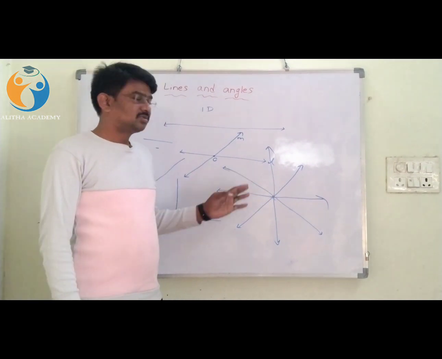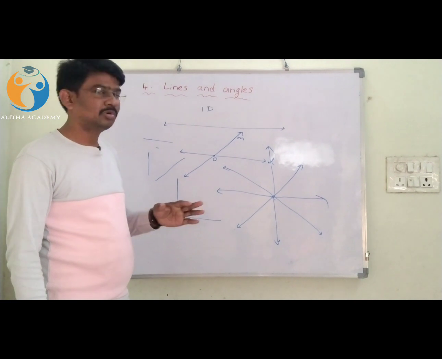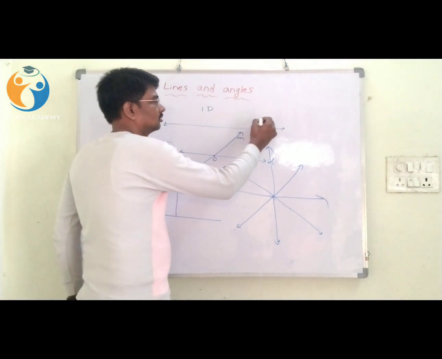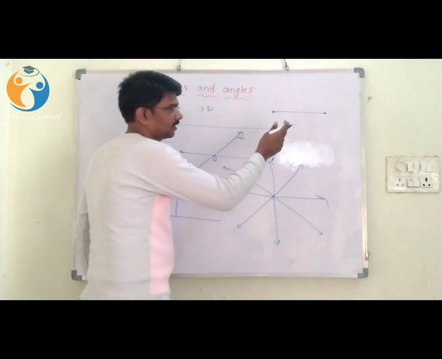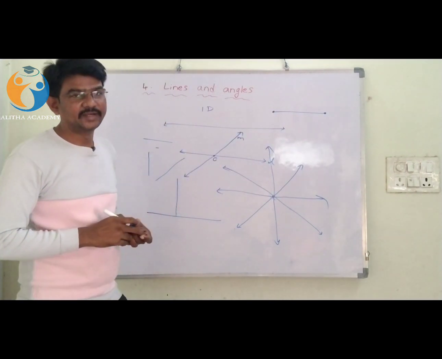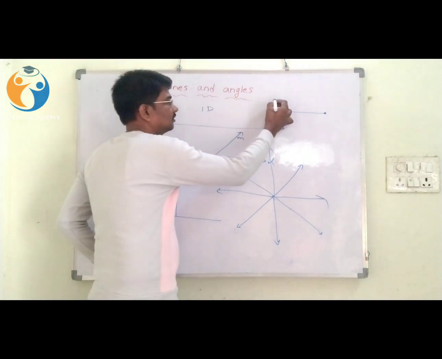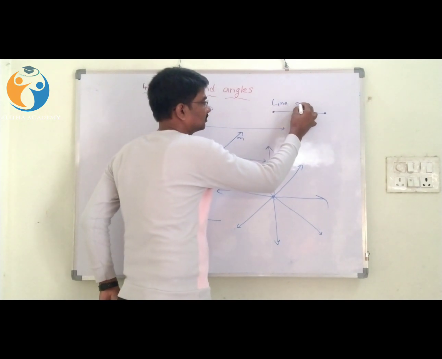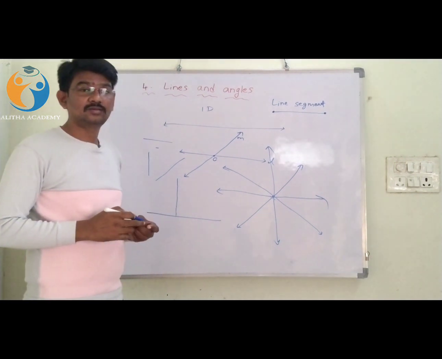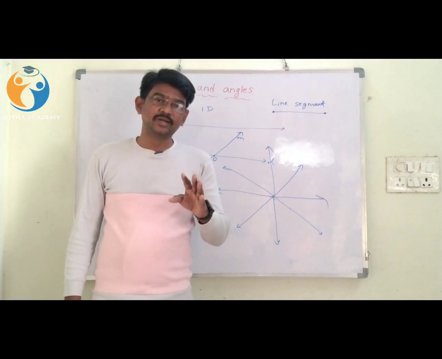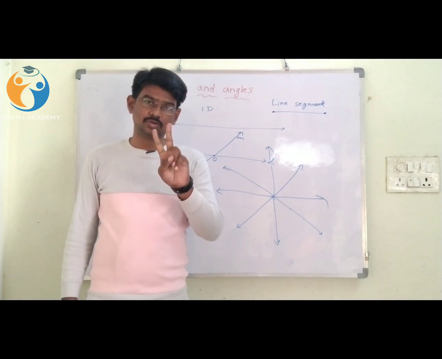In this lines topic, you need to have some more knowledge. The line which has two ends: what is this? Line segment. What is the definition of a line segment? A line segment is a part of a line which has two ends.